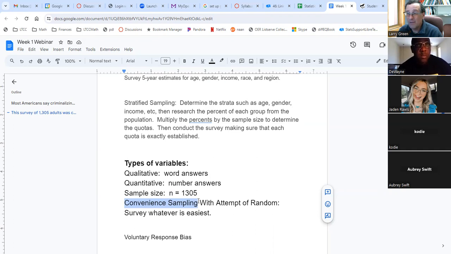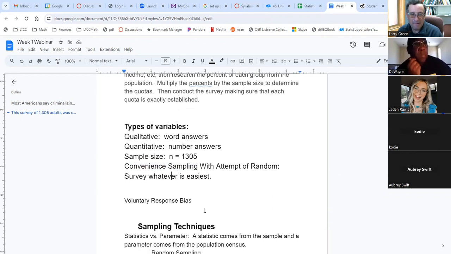Convenience sampling means you just survey whatever's easiest: walk around, ask your friends, post on social media and let your friends answer. You should never use convenience sampling when you worry that your data might not be representative of the population. If people are going to die because what you said might have been wrong, then don't even think about using convenience sampling, because you're killing people.